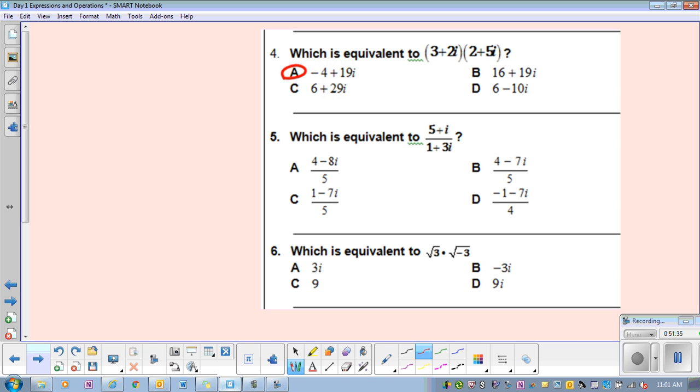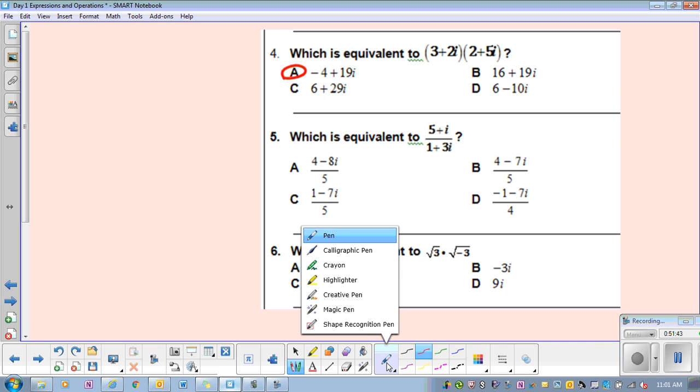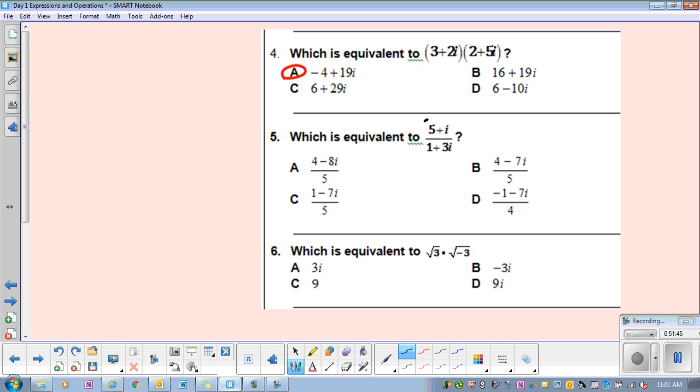Now 5 is a little bit weird. So 5, you have a fraction. Please make sure that you do this, okay?